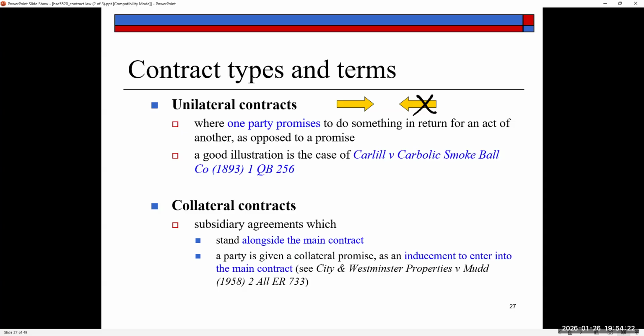If the contractor was to enter into this contract, then I would award the maintenance contract, 1 million for the whole building, to you. Understand? So that is a kind of inducement, trying to attract the contractor to sign the main contract. So this is what we call collateral, alongside, not actually the main contract.